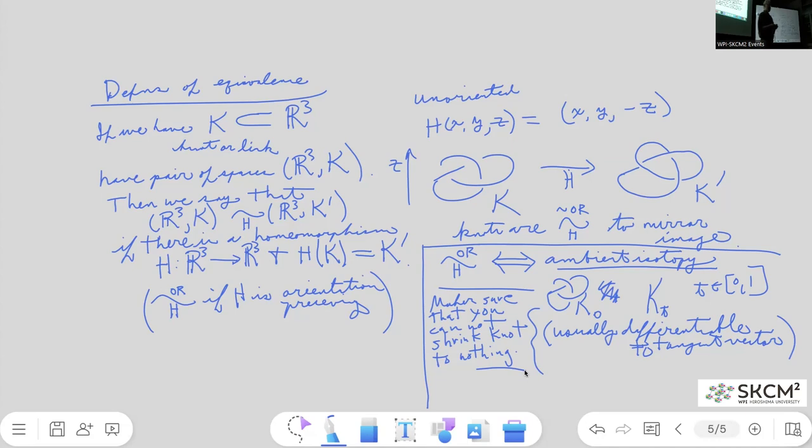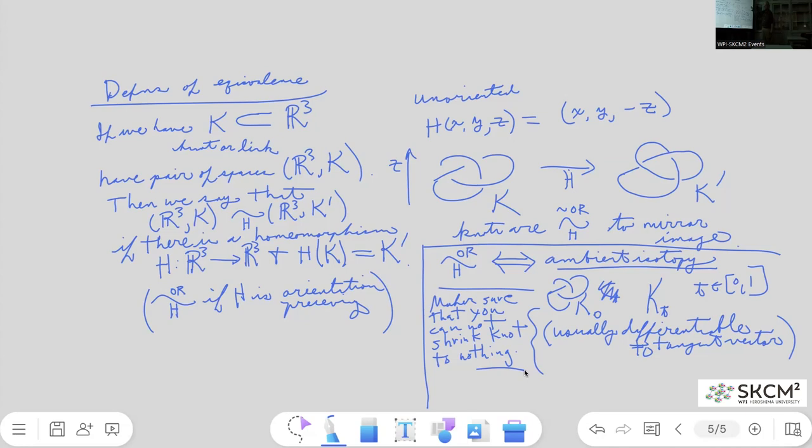So I have to put some control on my isotopy to make sure that the knots don't just disappear like that. And my favorite way of doing that is differentiable, so that the tangent vectors all stay non-zero if we did something like that. But then that oriented equivalence is the same as an ambient isotopy requires some work.